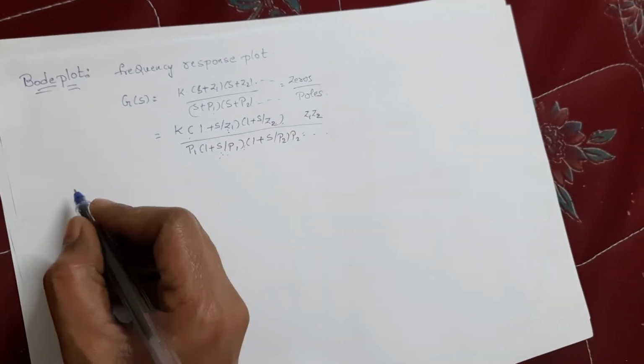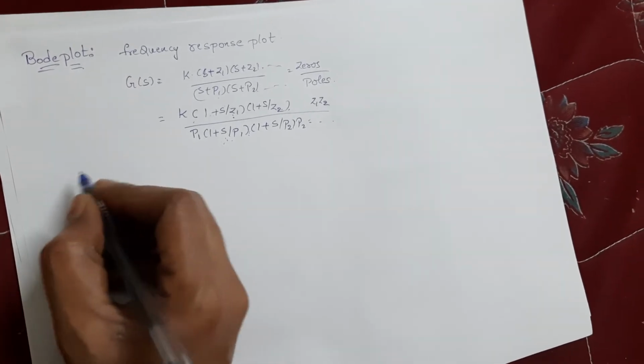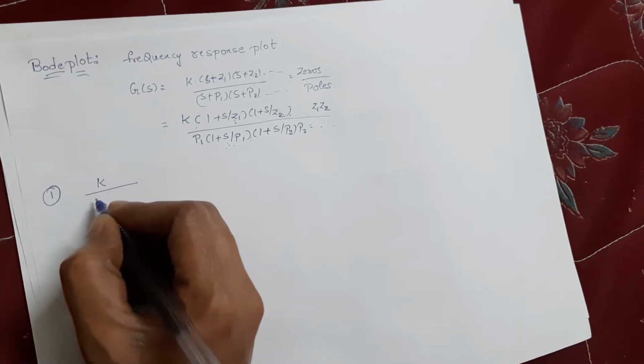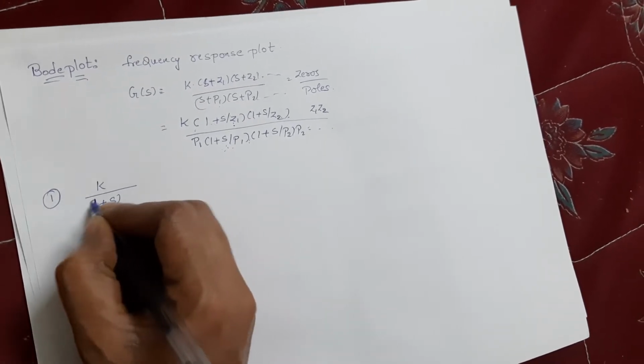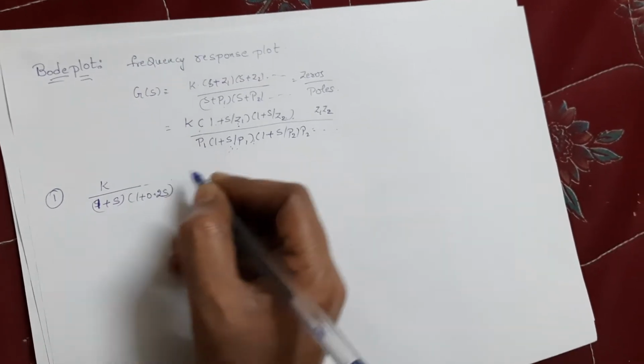Next, the different formats of the problems. The first problem, if there is only a constant k, might be given like k into (1 plus s) into (1 plus 0.2s). Then how to do this problem?